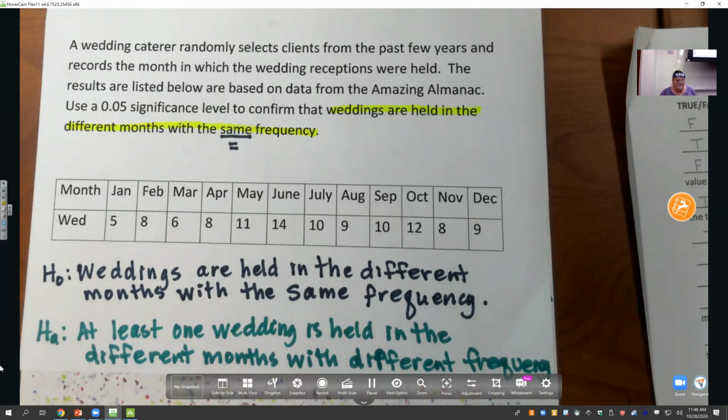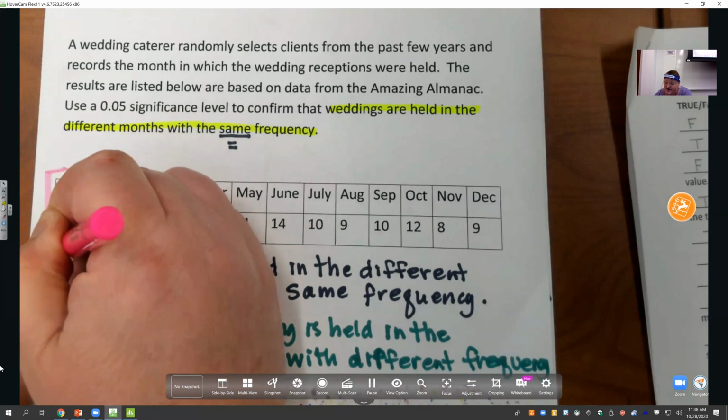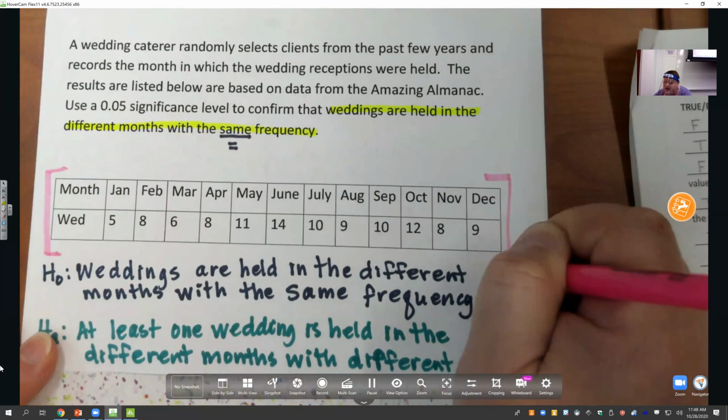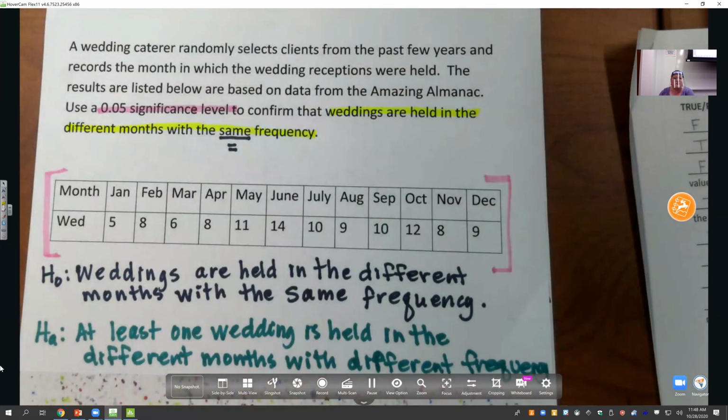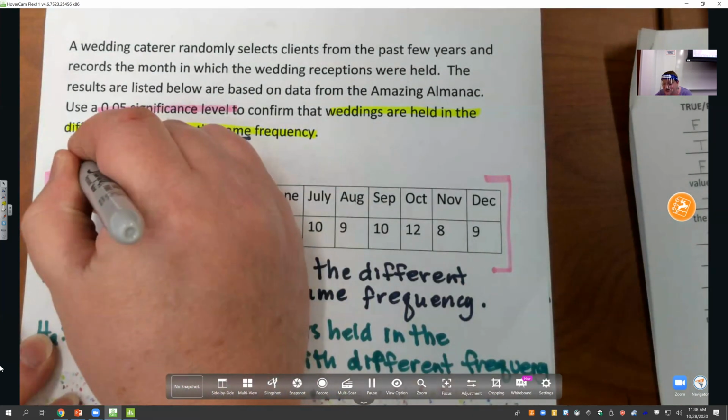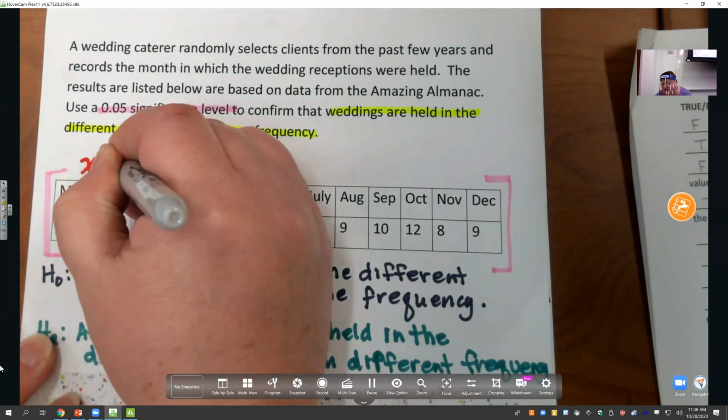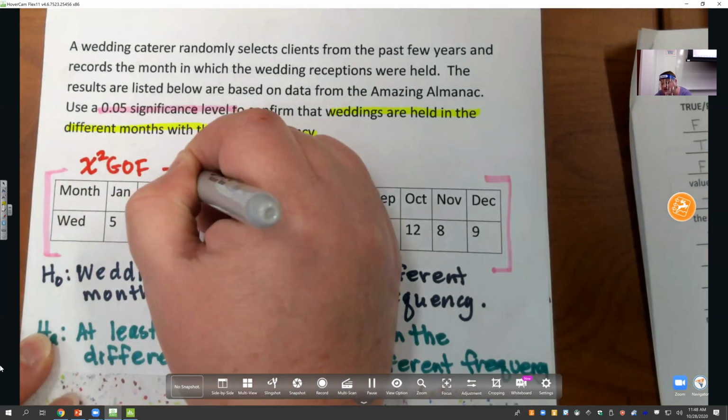The data that we need for working the problem, remember, is this table. So there's step 2, there's our table. And the other thing we need is our significance level, which is 0.05. Again, I hope you recognize this as a chi-square goodness of fit, because we have qualitative data.